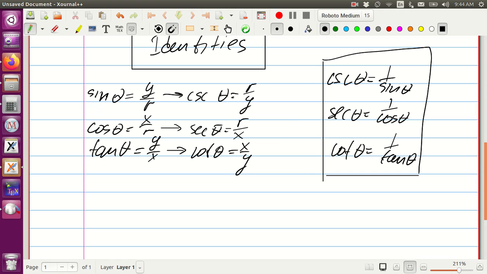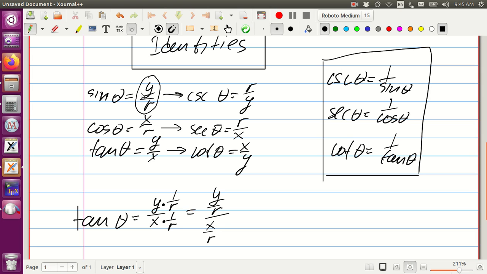Then another thing that comes directly from the definition is, if you think about tangent, which is y over x, you can multiply both numerator and denominator by 1 over r. And so in the numerator you get y over r, in the denominator you get x over r, and y over r is sine, and x over r is cosine.